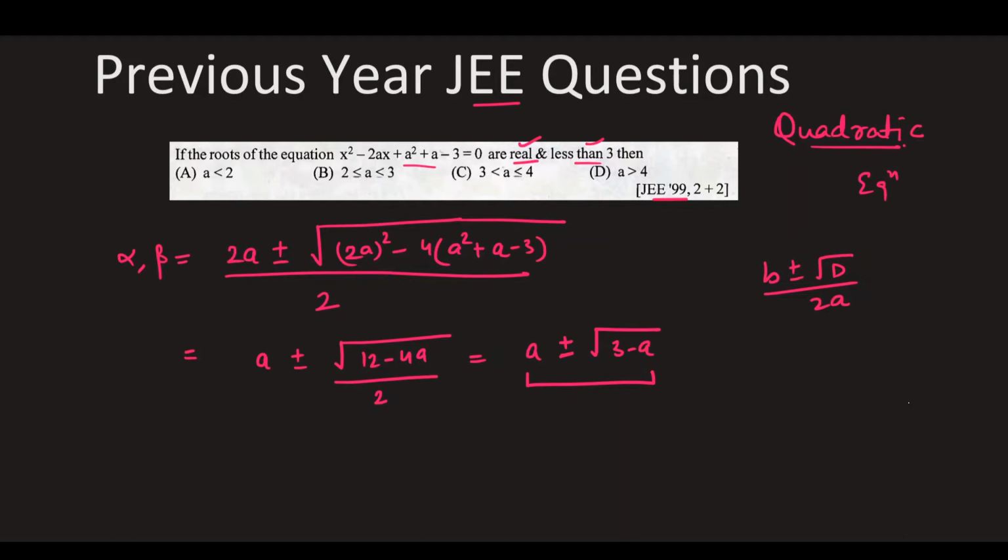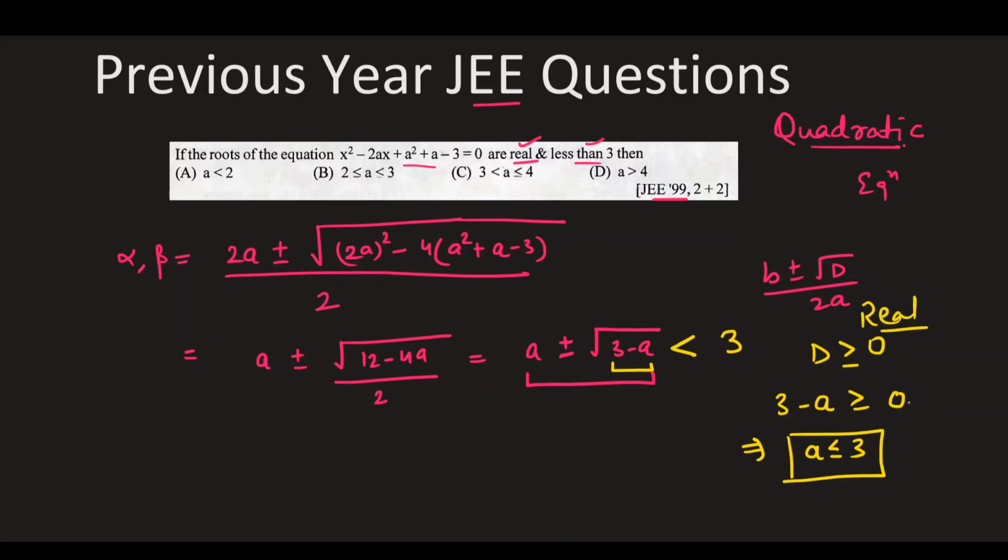Now this is the root, either the plus one or the minus one. They are saying that this is less than 3 and the root is also real. The condition for real root is d should be greater than or equal to 0. So 3 minus a should be greater than or equal to 0, which says that a should be less than or equal to 3. This is condition 1 we got from real roots. The one that says less than 3 is this one.